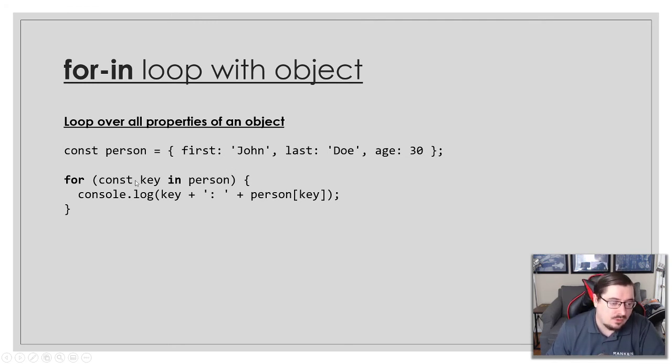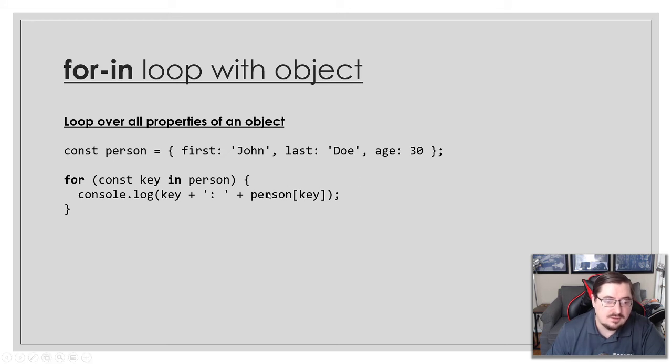I've said for const key, so I've declared this variable key that's going to go over person. Okay, well that key is going to be first, last, age. So the first time I go through this loop, I'm going to have a key of first. I can write that out as first and then access that property using the object actually as an array to refer to that property.